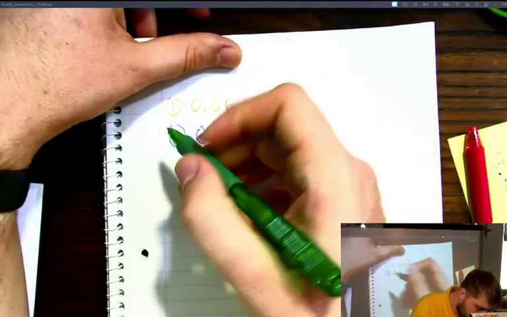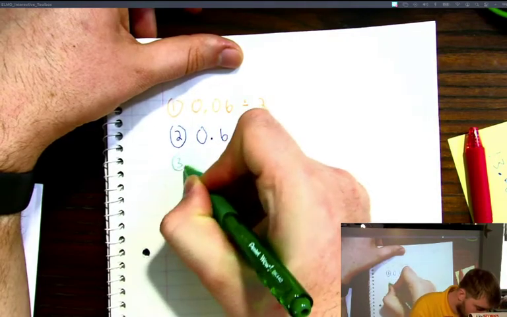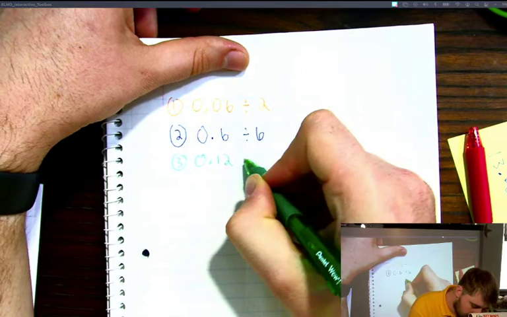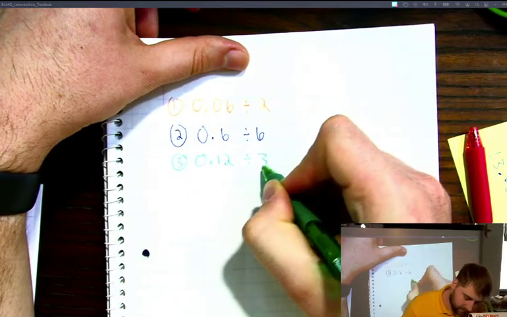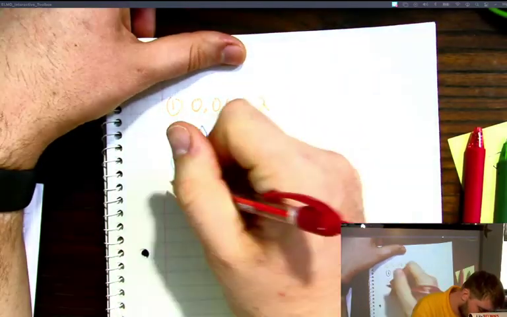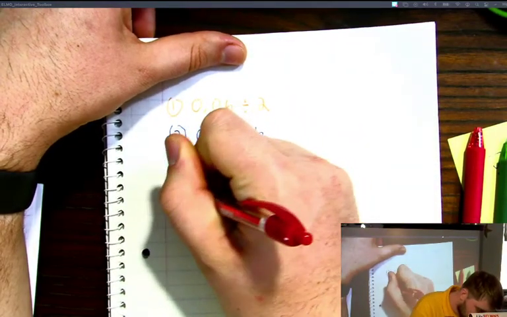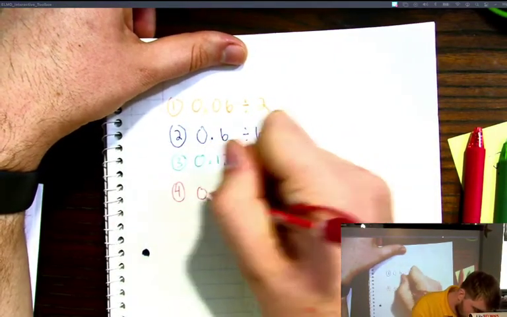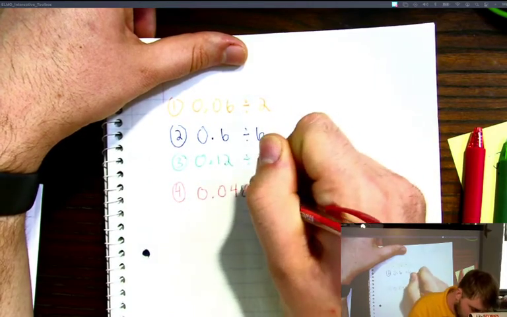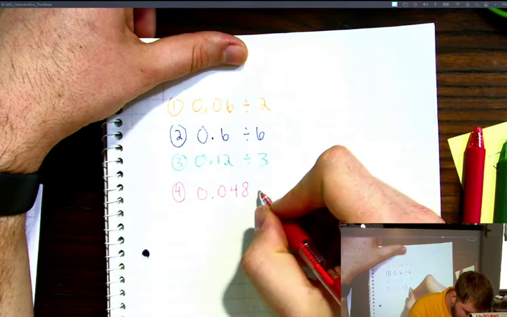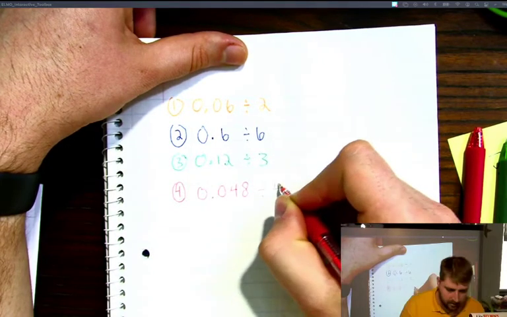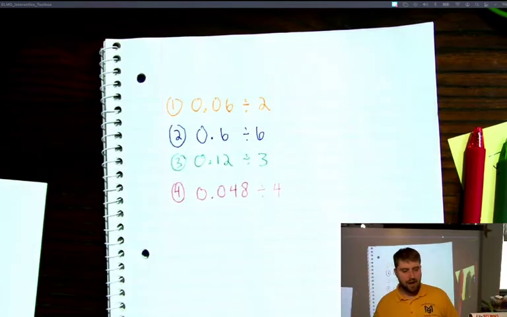Your third problem is going to be 0.12 divided by 3. And then your fourth problem is 0.048. So 48 thousandths divided by 4. There are your 4 practice problems.